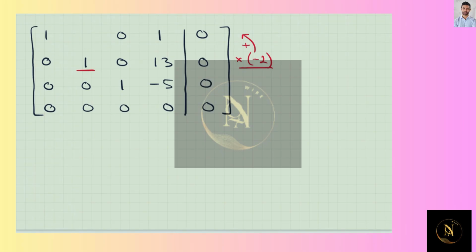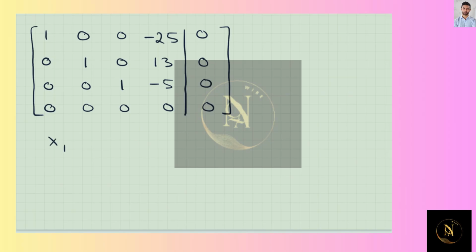So we're going to get 0 here. Then 0 times negative 2 plus 0 is 0. 13 times negative 2 is negative 26. Negative 26 plus 1 is negative 25. Alright, now our matrix is in the row reduced echelon form. And we are ready to write down the solutions.